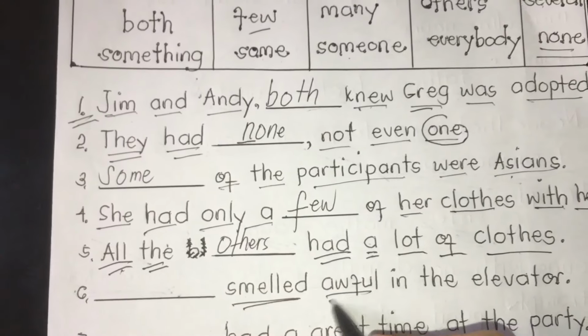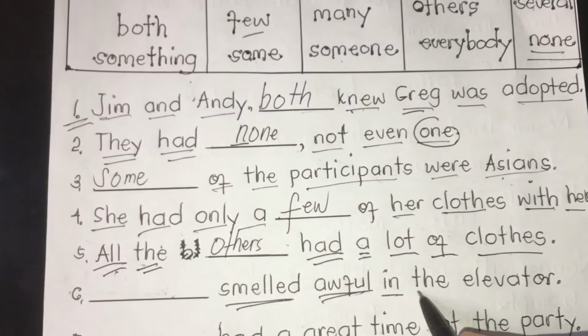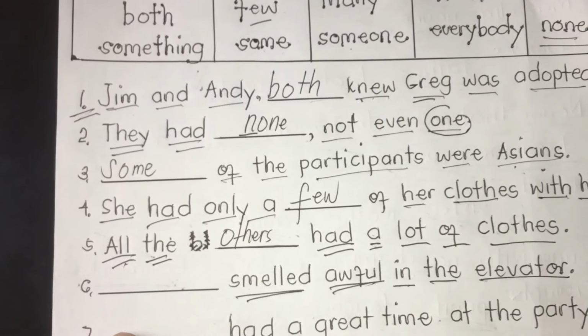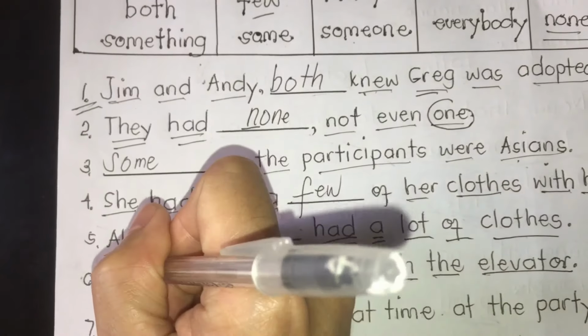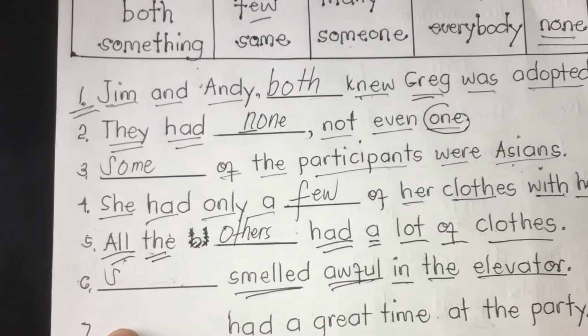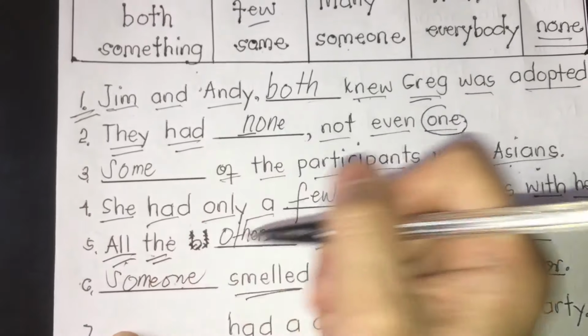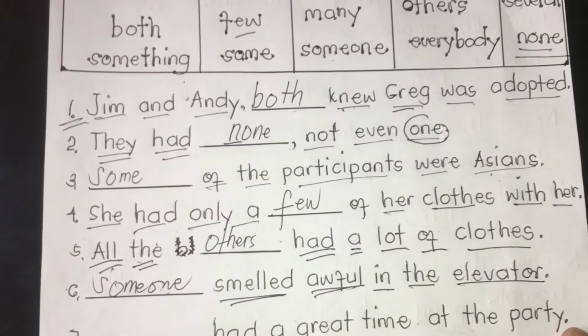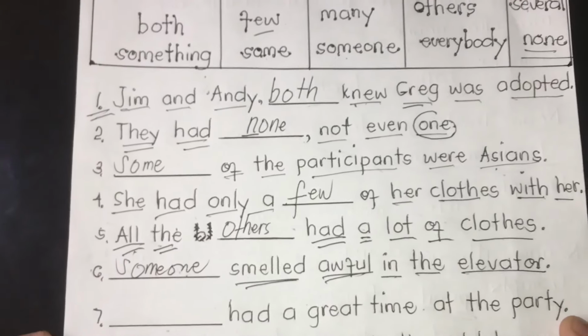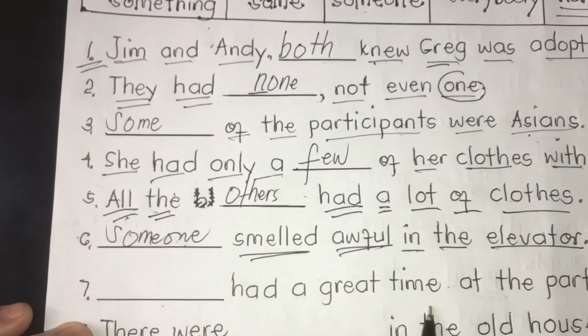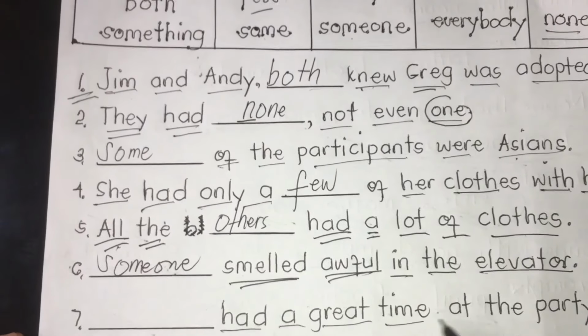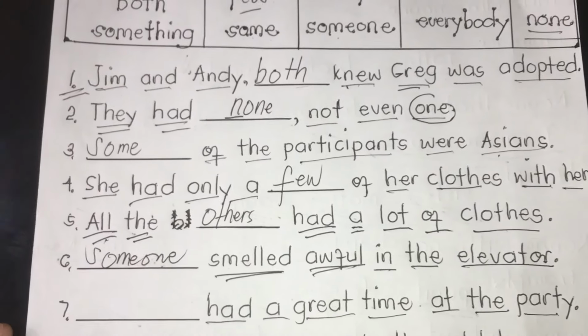Number 6. Blank smelled awful in the elevator. We're going to start with letter S. So we're going to write someone smelled awful in the elevator. Number 7. Blank had a great time at the party.